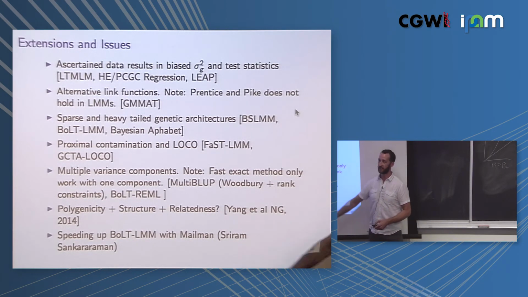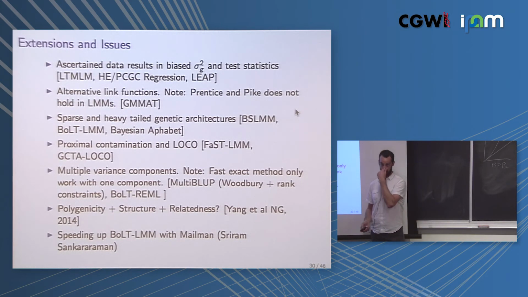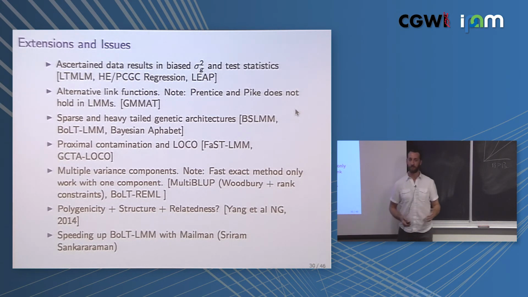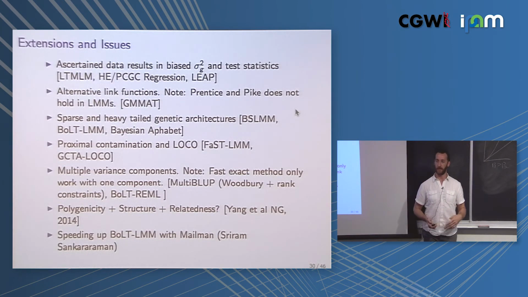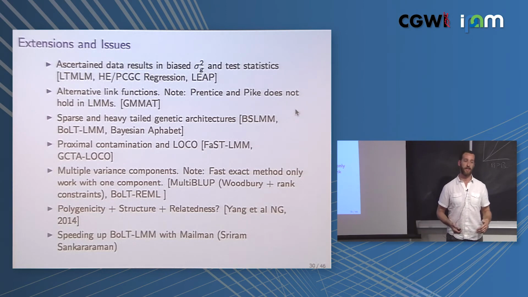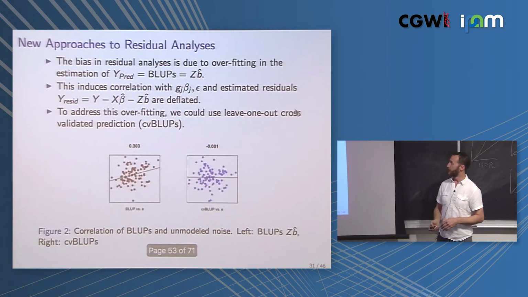If you were here for CGSI, Sriram talked about this mailman algorithm for fast matrix vector multiplication. Bolt uses this, and so in principle, you should be able to speed up Bolt even further by implementing this mailman algorithm for the matrix vector multiplication.